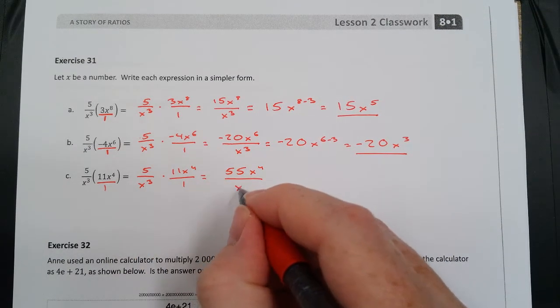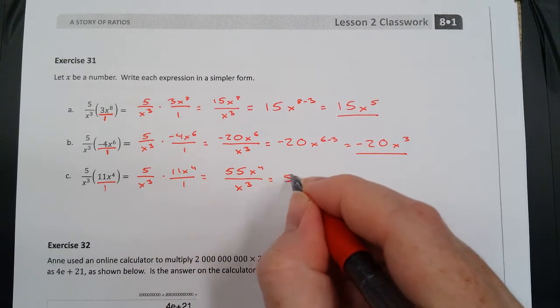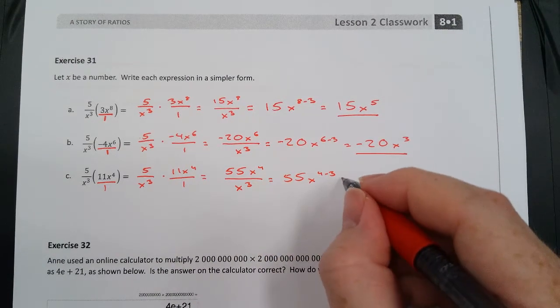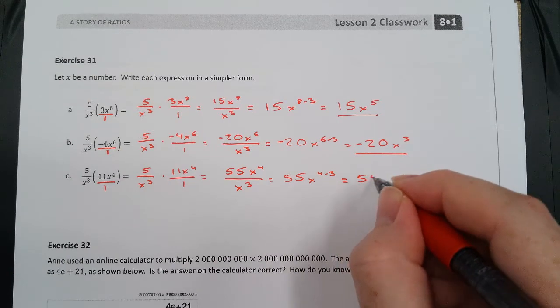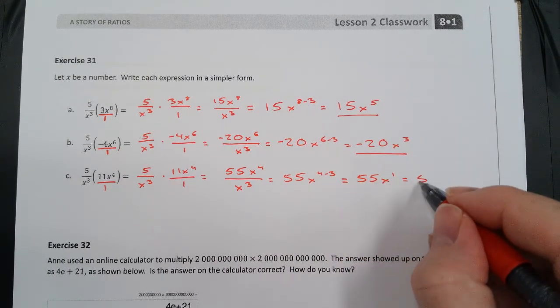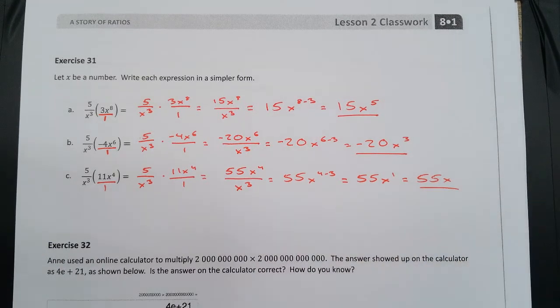X cubed times 1 is x cubed. We get 55 x to the 4th minus 3. Simplifies to 55 x to the 1st, but you know x to the 1st is the same as just x. There we go.